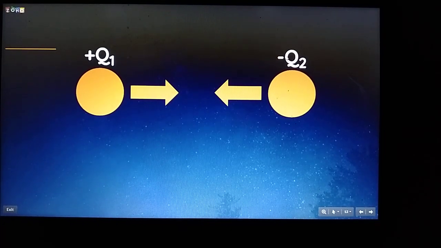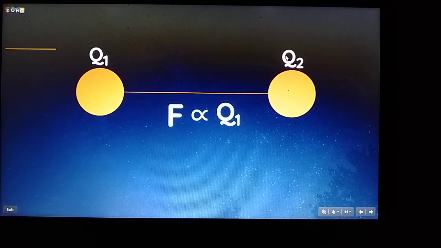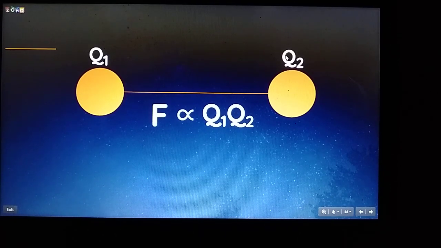Similarly, if you reduce the amount of charge Q1, then the force of attraction will decrease. So from this we can conclude that the force depends on the amount of charge Q1, also Q2, and combinedly we can say it is directly proportional to the product of the charges Q1 and Q2.